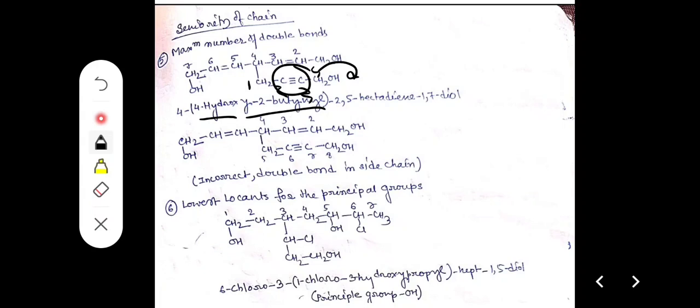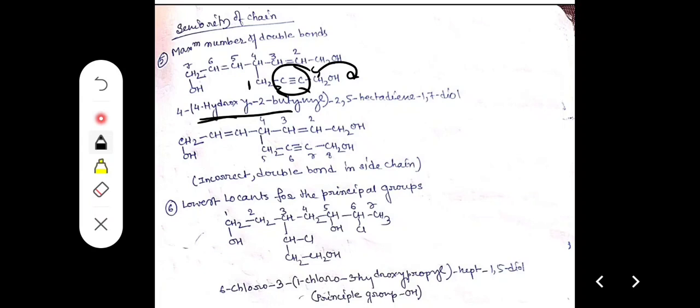And that should be present as a unit. Okay, that is also a unit. So we can term it 4-hydroxy-2-butynyl, because if we consider the numbering system in the branching chain, at the 2 position the triple bond is present and at the 4 position OH is present. So by combining these two things, we can consider 4-hydroxy-2-butynyl.